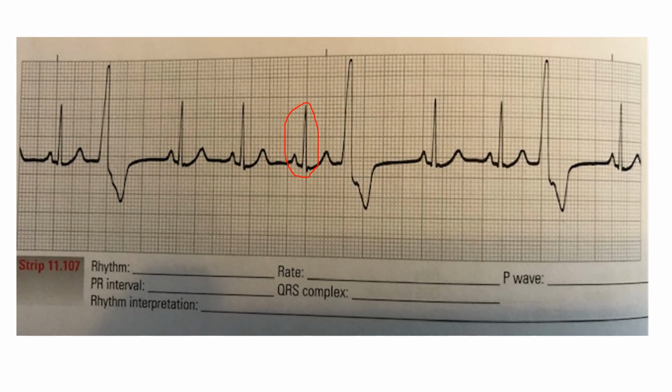So with this rhythm, you have a normal sinus rhythm with PVCs. Now we're going to identify those PVCs as unifocal, meaning that you have more than one, but they look the same. One focal point they come from.